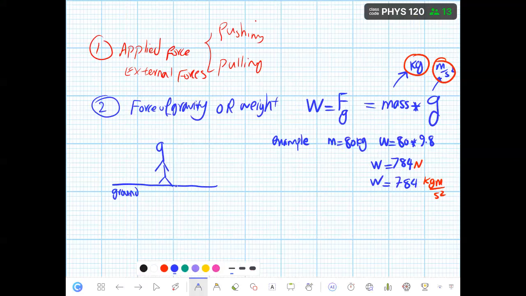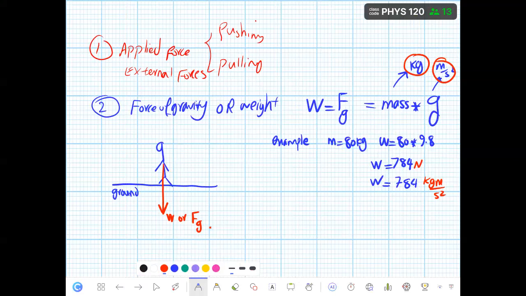It's trying to pull the person toward itself. If I draw the direction of the force of gravity, what would be the direction of the force of gravity or weight? Toward the ground, or downward. So the weight of this person, the force of gravity, is always down.